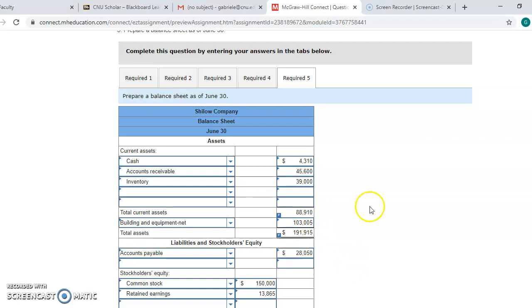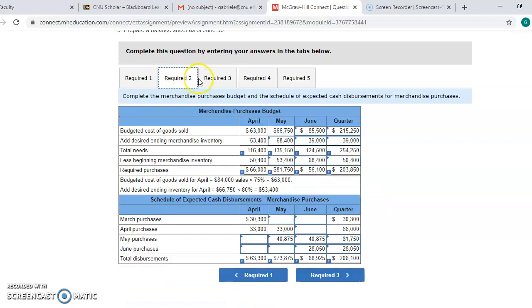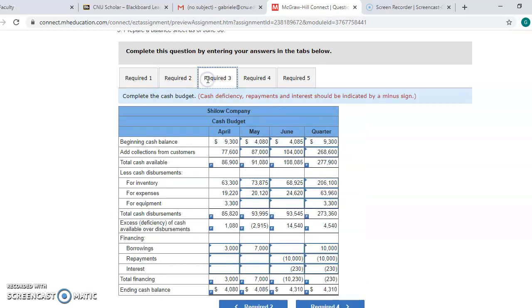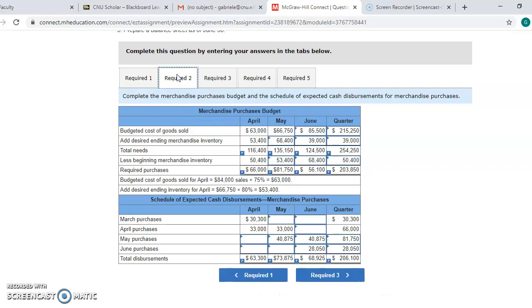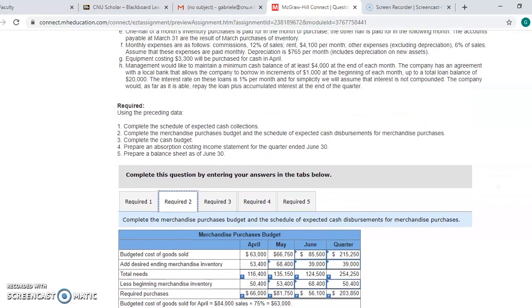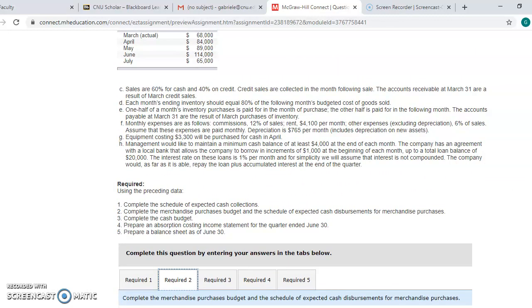Obviously, accounts payable, you would get from, make sure I get the right one. Hold on. One half of a month's inventory purchase is paid for in the month of purchase. The other half is paid for in the following month.